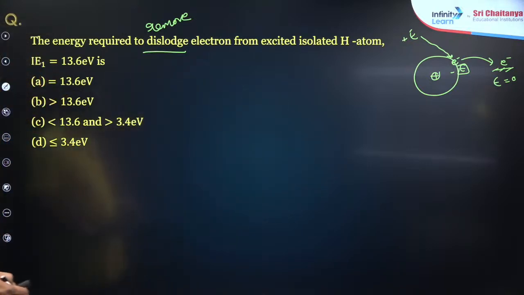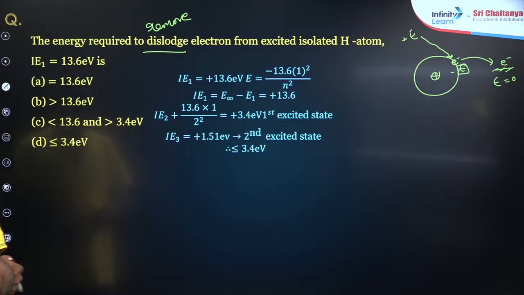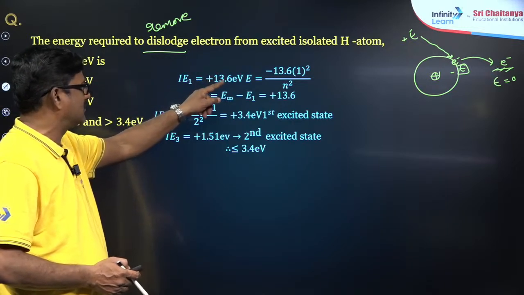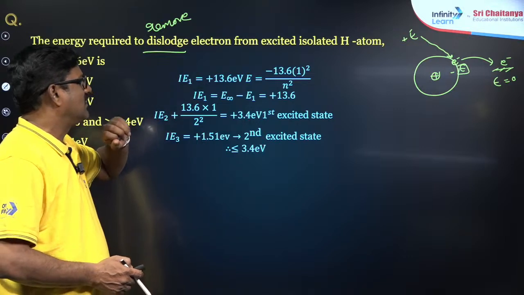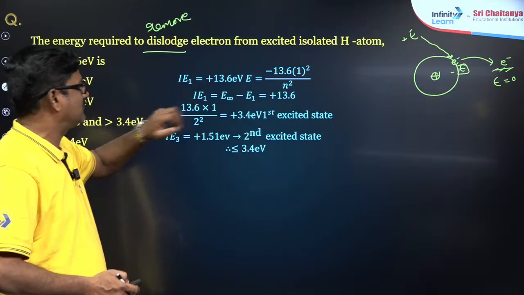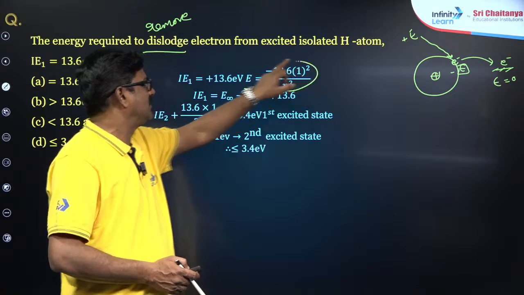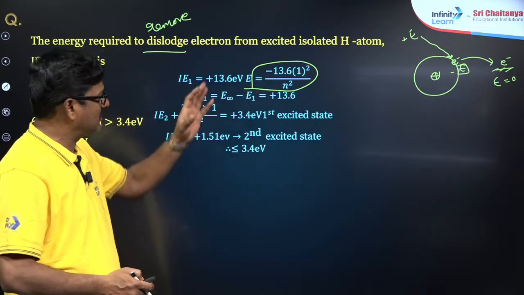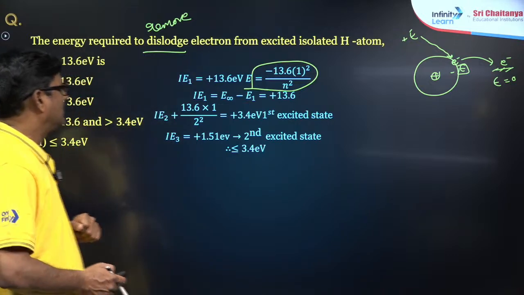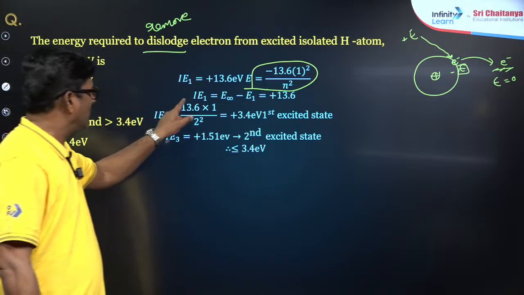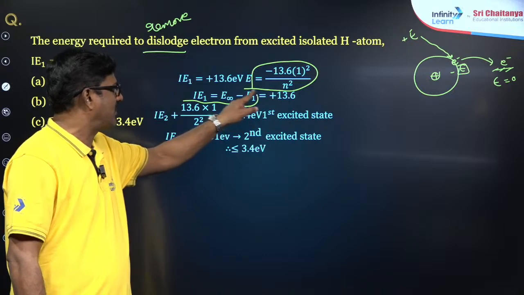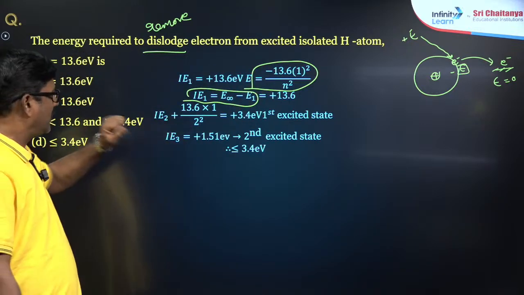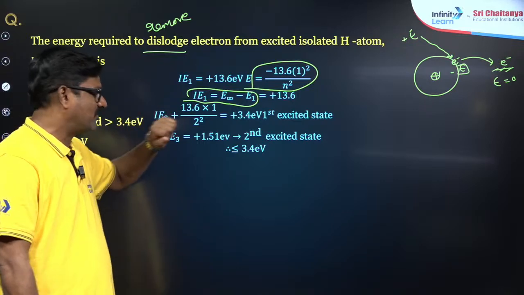So it is going to be, you can say, energy for this, ionization energy, minus 13.6 electron volt. So energy of the electron for that state is going to be minus 13.6 into 1 square by n square. 1 is for the hydrogen atom. So IE1 is equal to E0 minus E1, that is equal to plus 13.6, and IE2 is going to be from the second level.